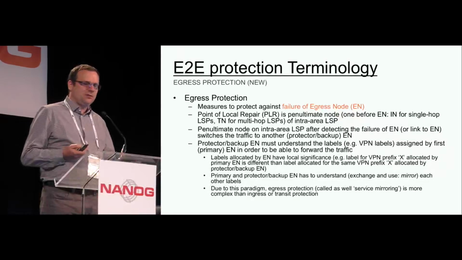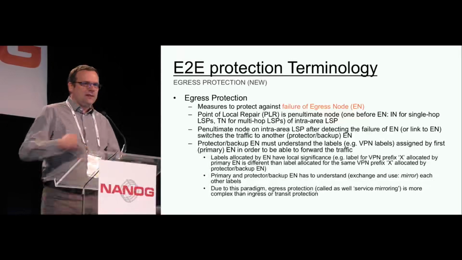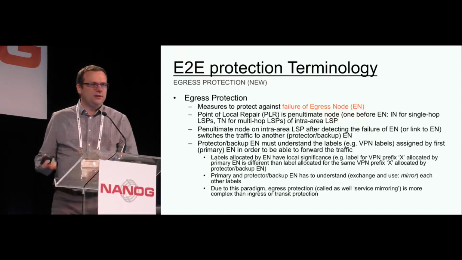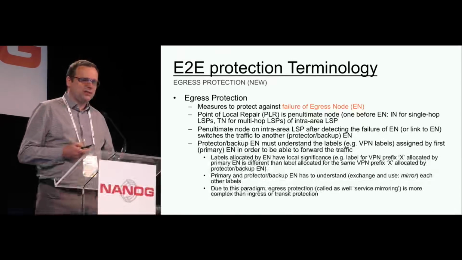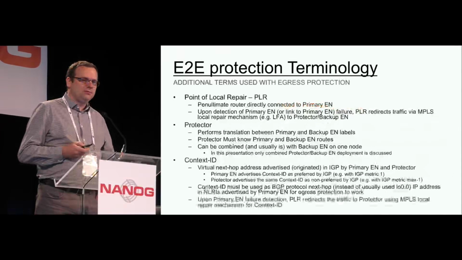This node is the point of local repair node. It is directly connected to the egress PE node. All right? The task of this node will be to switch over the traffic to the backup PE node. So this is the basic idea.